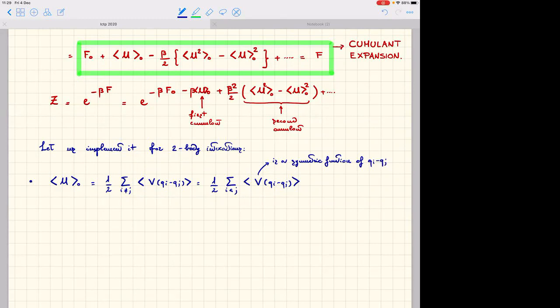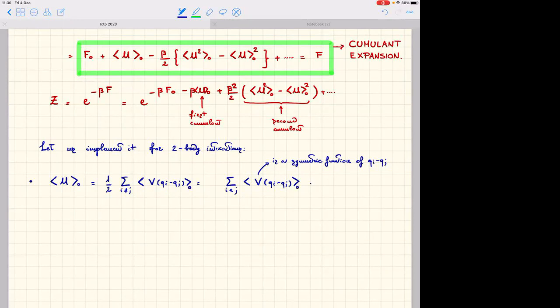Actually, typically the interaction depends on the absolute value of the distance, right? Unless you have some special circumstance. So what I'm assuming is that if I exchange the indices in qi minus qj, I obtain the same interaction potential. I apologize, this 1/2 is not there. That's why I can forget about summing over all pairs and sum over the ordered pairs. All right, so now I have to compute this average.